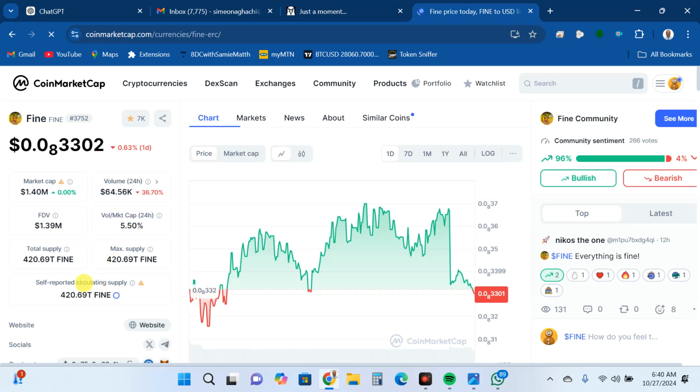So if you look at this coin, Fine, this is a meme coin. The max supply is equal to the total supply and equal to the self-reported supply. So the supply metrics all around is 100%. None is above any. What this tells you is that all the coins that would ever be minted have been minted already, and that's why the total supply is equal to the max supply.